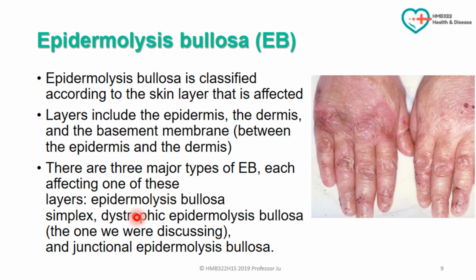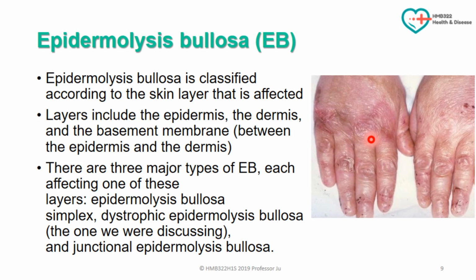Again, we are talking primarily about this dystrophic form of epidermolysis bullosa. We're not going to be talking about the one that occurs at the basement membrane, that's the junctional form, nor the one that occurs on the upper layers of the skin, the epidermolysis bullosa simplex version, which is on the epidermal layer. We're concentrating on this dystrophic version that you see here. And this is what it typically looks like.